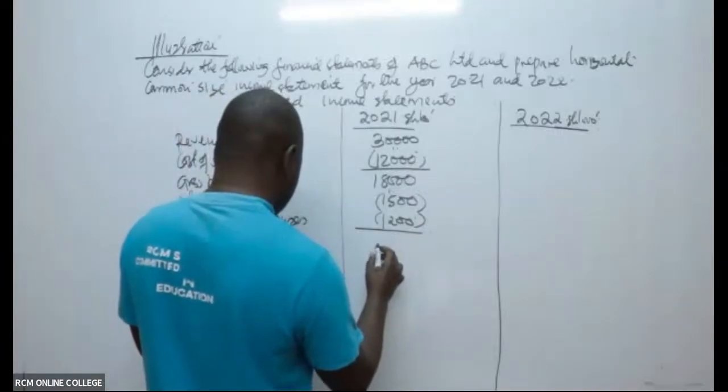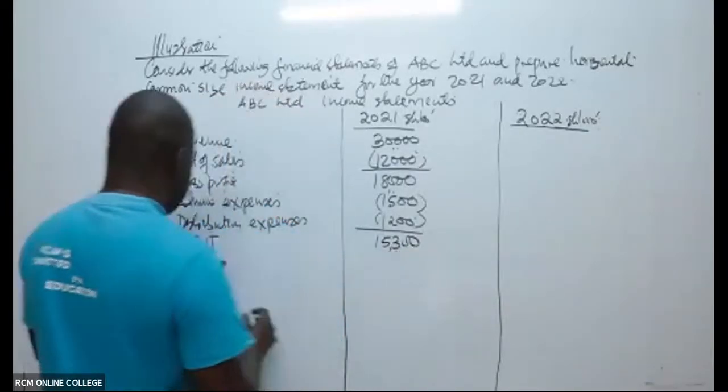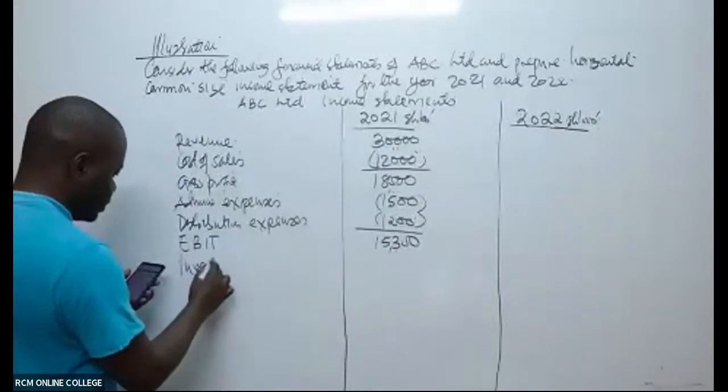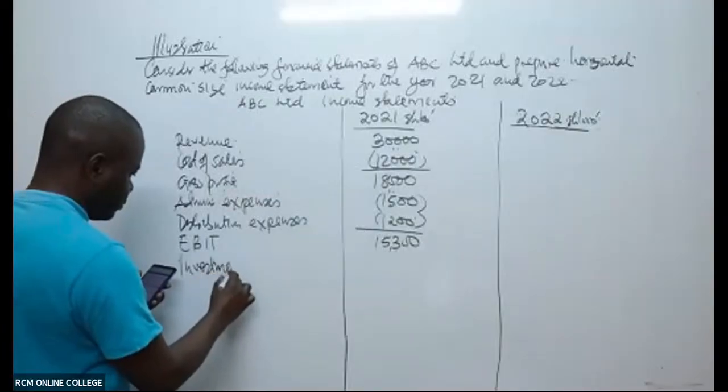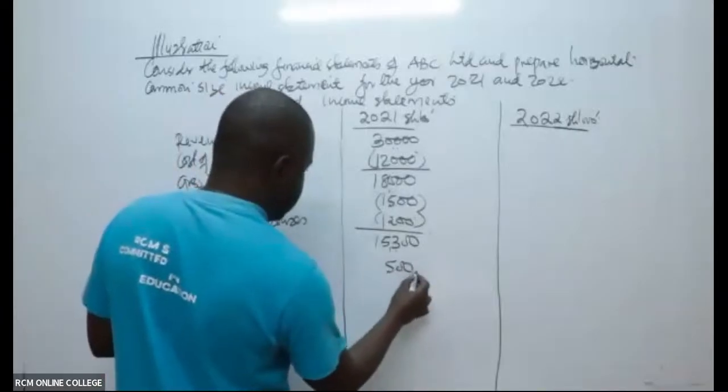I think it's 15,300. Then there is an investment income of 500.